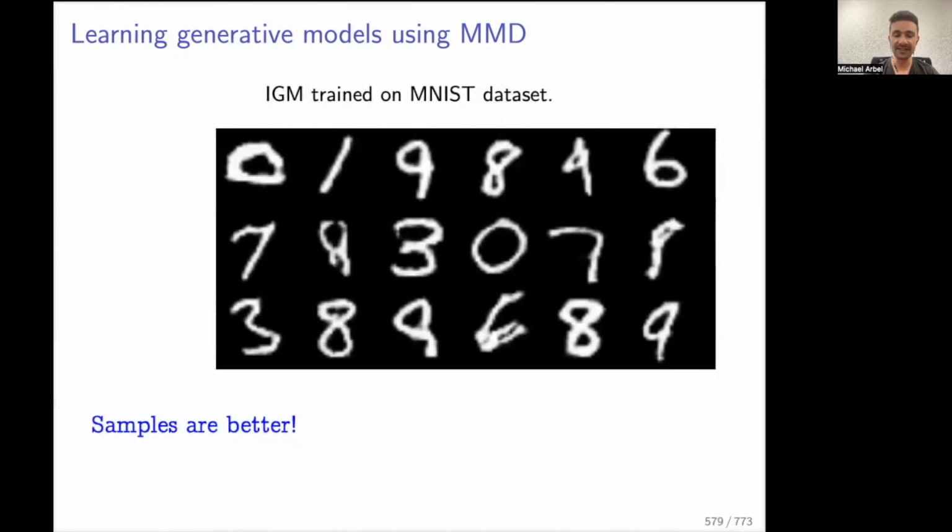So if you do this now, still using the same generator, but changing the kernel and learning the kernel adaptively, you can get much better samples, which get rid of these artifacts that we've seen in the previous example. So the samples, we can arguably say that they are better looking.